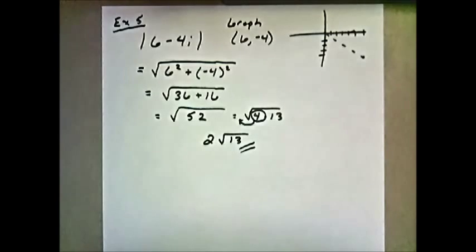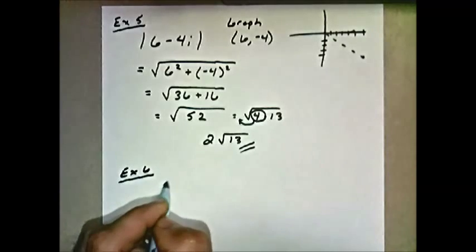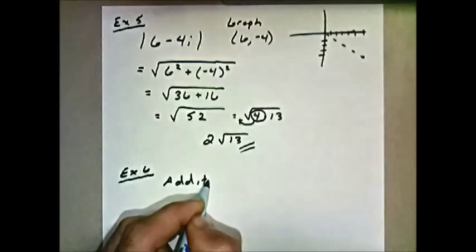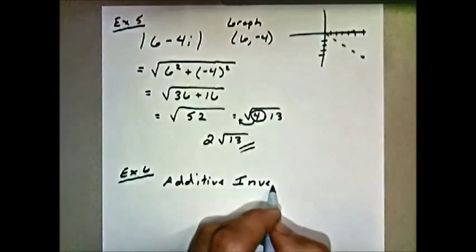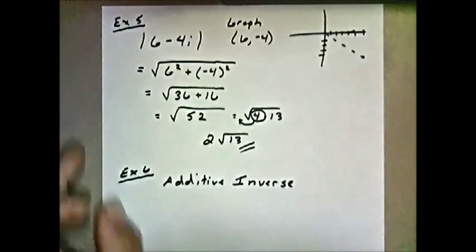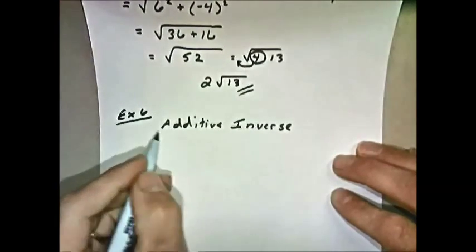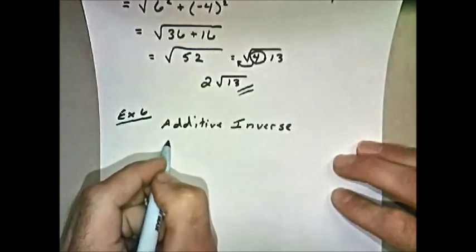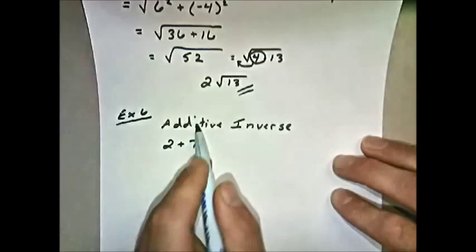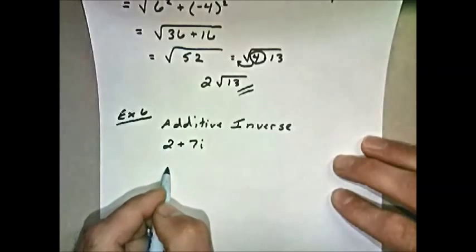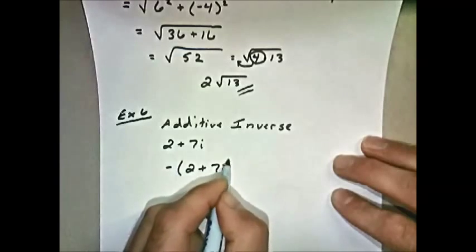For example 6, what I'd like to do is talk about the additive inverse. If you remember, the additive inverse is simply what undoes a function, or what undoes that operation. If we look at a complex number, 2 plus 7i, to find the additive inverse, we're simply going to take the negative of the complex number, 2 plus 7i.